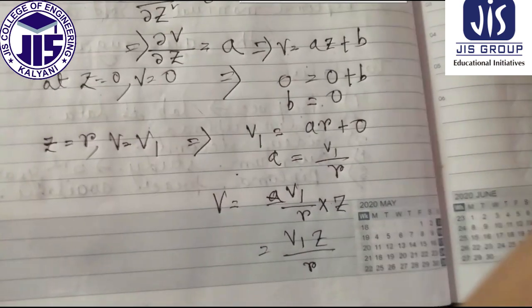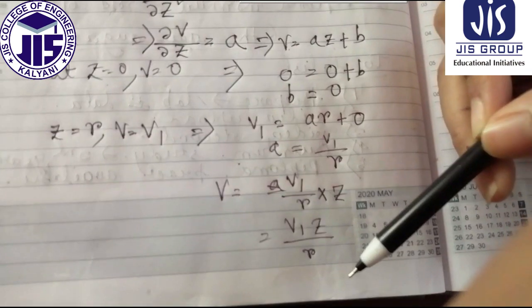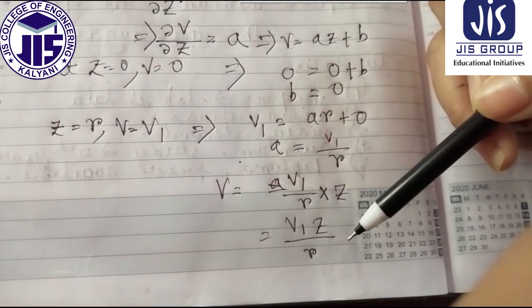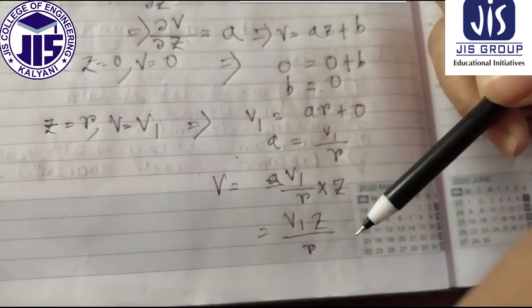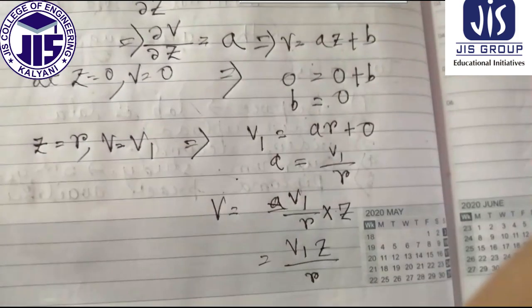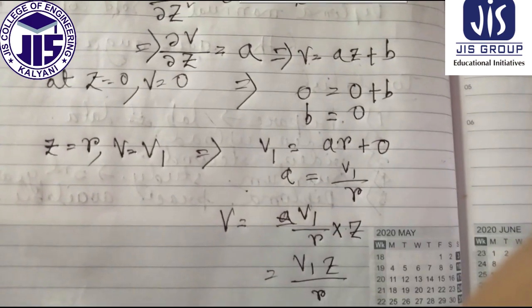This is the expression of the potential V of Laplace equation of a parallel plate capacitor in Cartesian coordinate. So this is about the Cartesian coordinate.